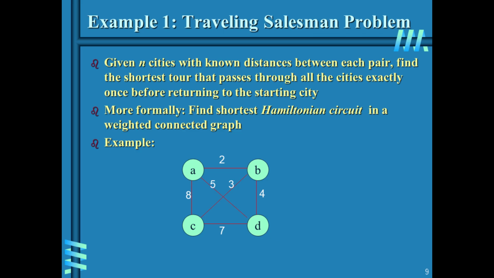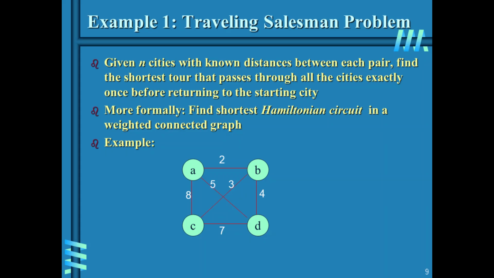In this problem, n cities with known distances between each pair are given. The task is to find the shortest tour that passes through all the cities exactly once before returning to the starting city.